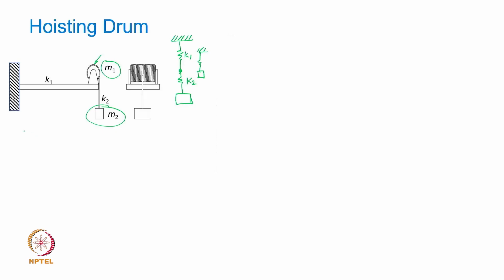And then what happens? Your model now turns out to be a 2 mass or a 2 degree of freedom system like this. So this is the mass of the drum, right? And then this is the mass of the load being lifted, this is the stiffness of the beam, and this is the stiffness of the rope. And now you can get a more accurate estimate. Okay.